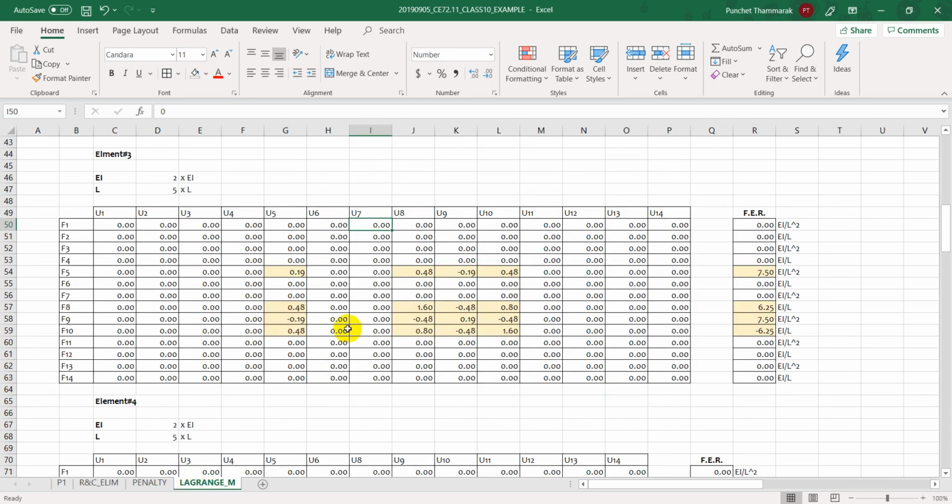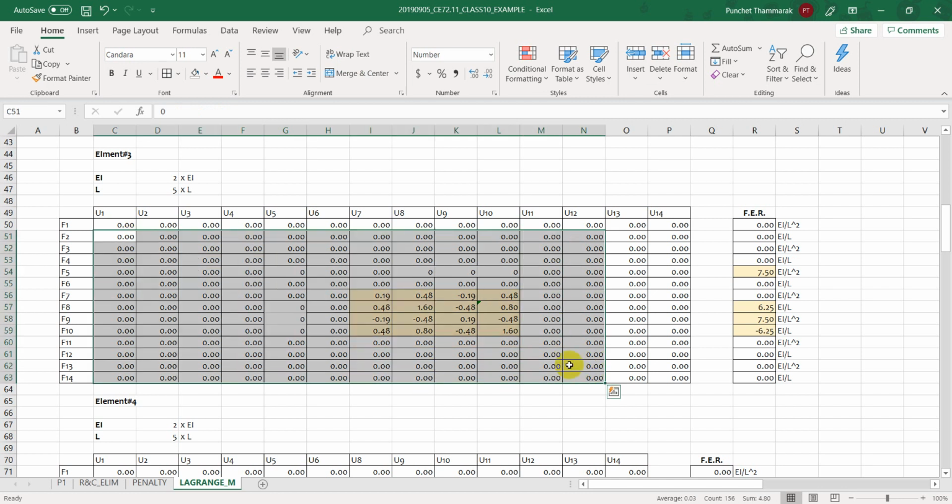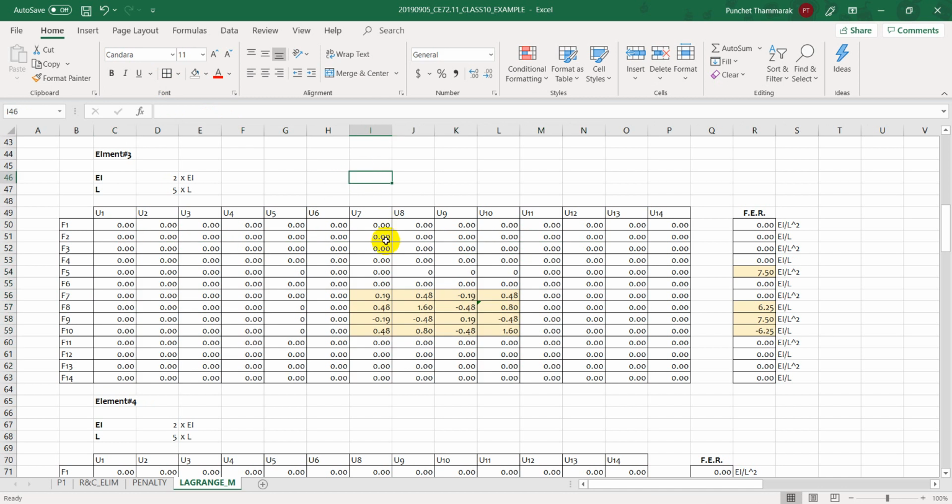Now we will not do it that way, so we will just move it out and back in the place where it belongs. Okay, so things change a little bit.